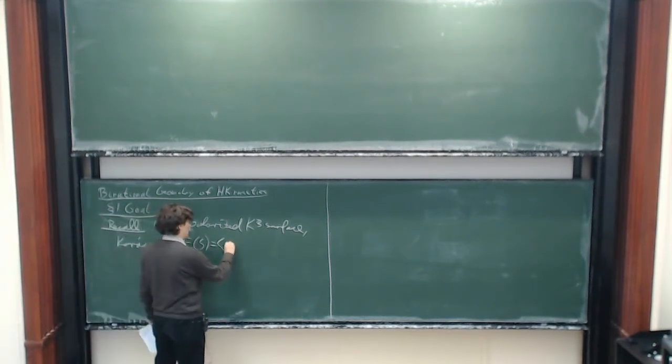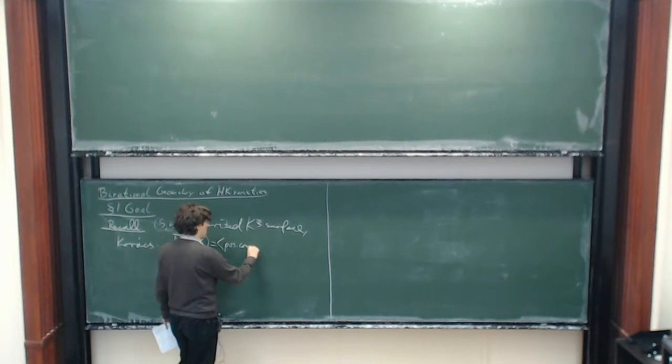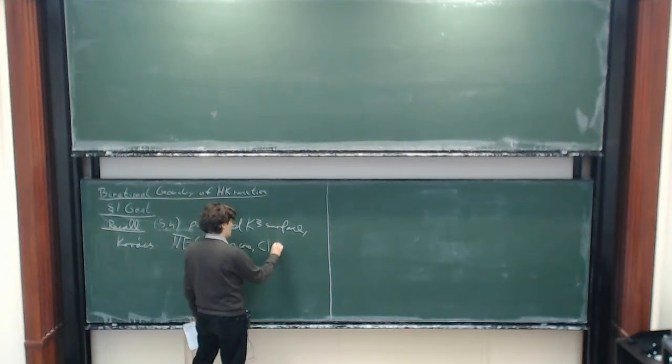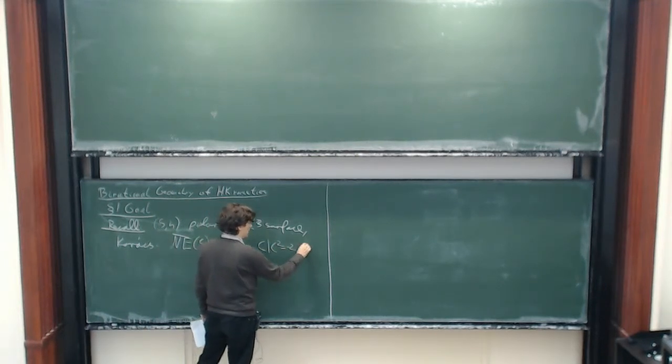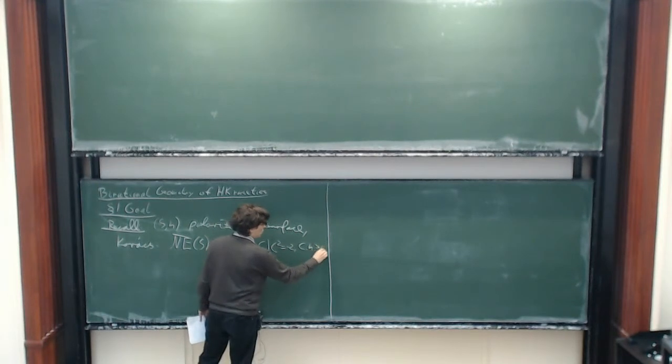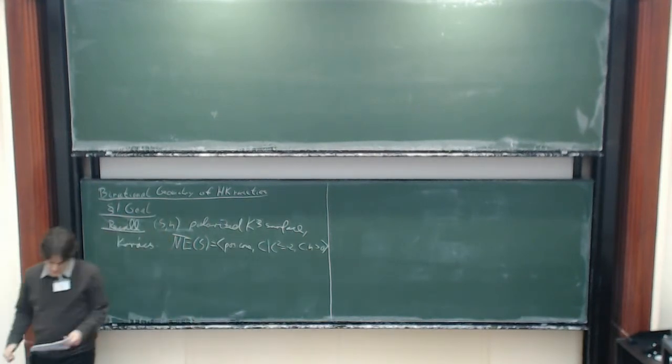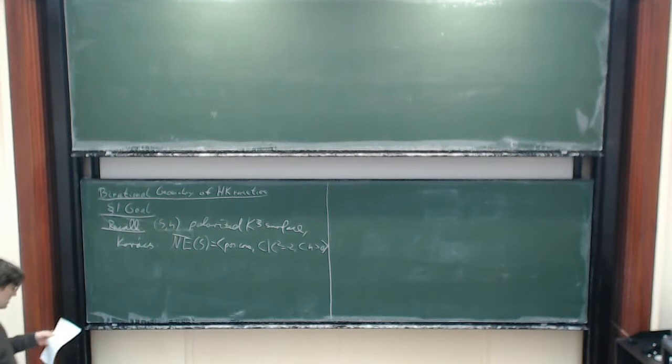In other words, it's generated by the positive cone and by all C such that C squared is equal to -2, and the intersection with the polarization is positive, right?